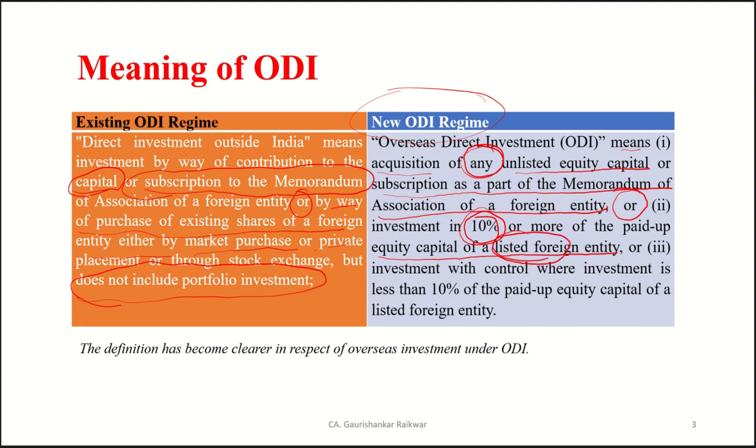So the word listed is very important. And the third is, even though it is less than 10% of paid up capital, investment with control. So in a listed company, less than 10% but with control. This is the definition of overseas direct investment under the new regime. This is the basic difference. So the definition has become clear in respect of overseas investment under ODI.